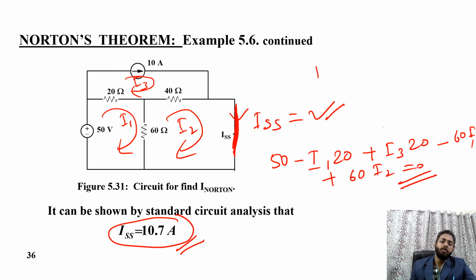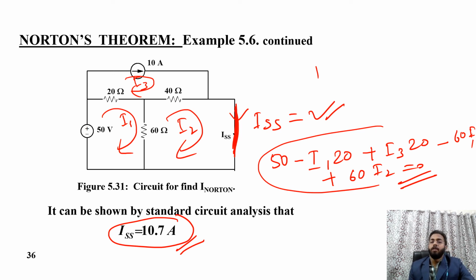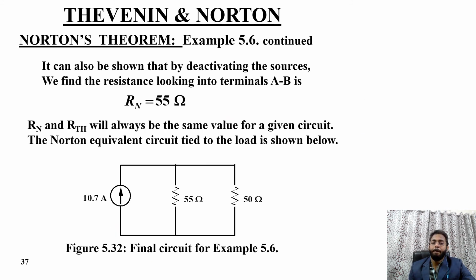This way you can write the equation, and another equation you have to solve, and once you solve, you will get the values of I1, I2, I3. The I2 current is in this circuit, so we can assume I_SC is equal to I2. After calculation, 10.7 ampere is the current on the load terminal.